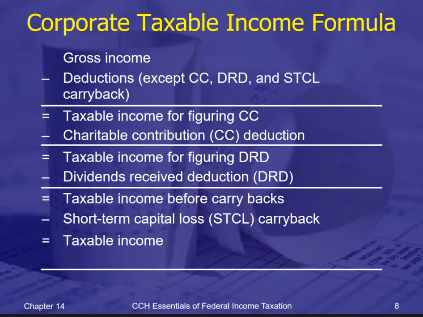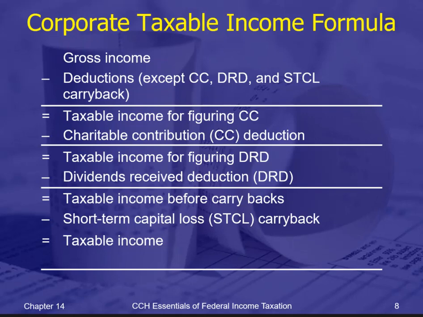So what does the corporate taxable income formula look like? Remember, for individuals we worried about AGI, itemized deductions, all those things, and credits. Much of that is no longer applicable. We start with gross income from our business. Then we have regular deductions, the ones we think about when it comes to a business. And then we have the special deductions: charitable contributions, the dividends received deduction, and short-term capital loss carrybacks.